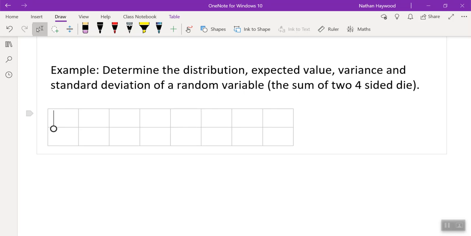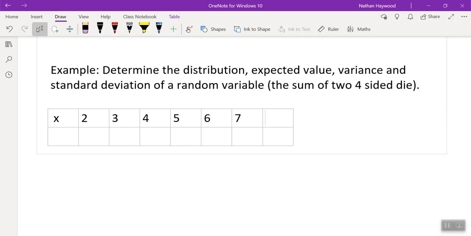And what's in the distribution table? The top row is the possible outcomes, which is the sum of 2 four-sided die. It's impossible to roll a 1. 2. Can we roll a 3? 4, 5, 6, 7, 8.